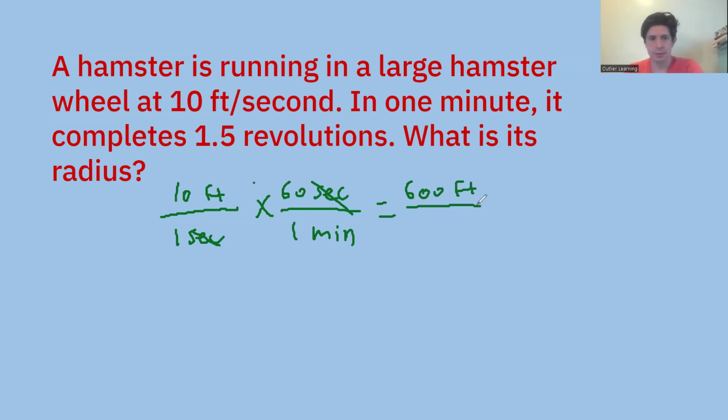It's a pretty fast hamster, right? And now we're going to multiply that by, in 1 minute, is 1.5 revolutions. And that will get us 400 feet per revolution.